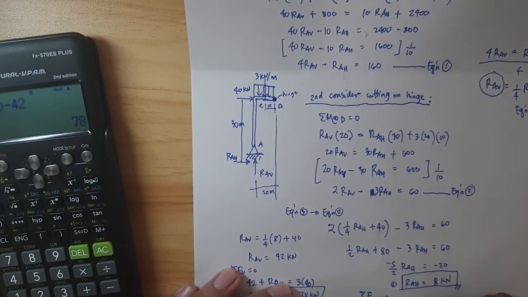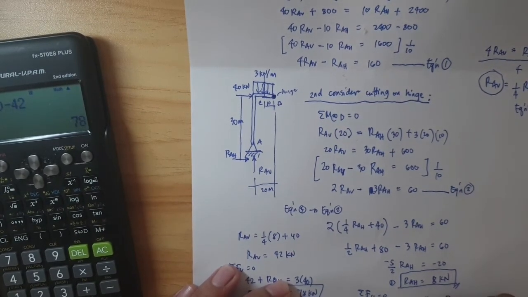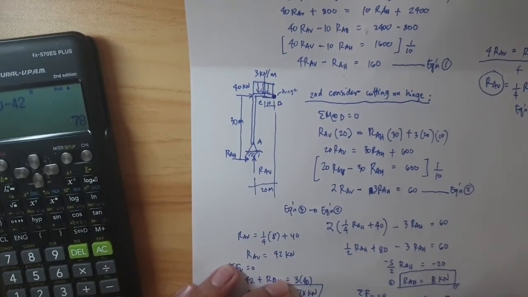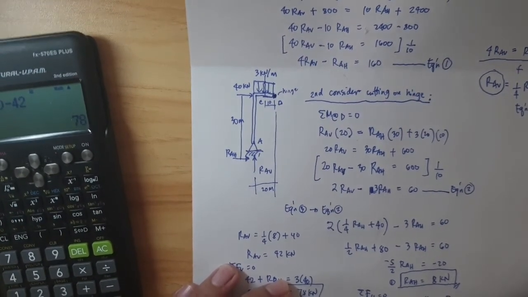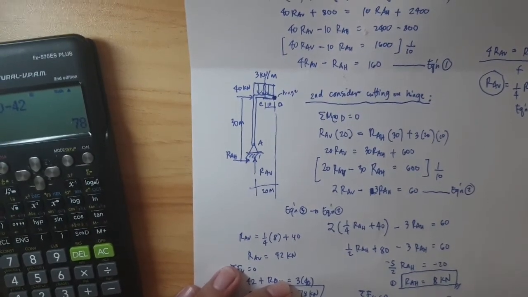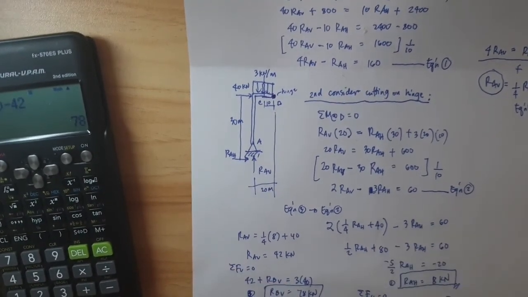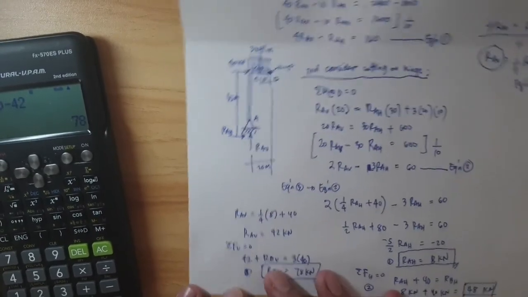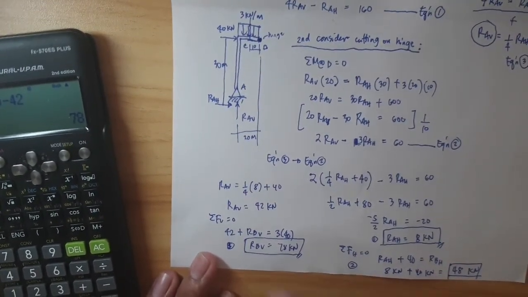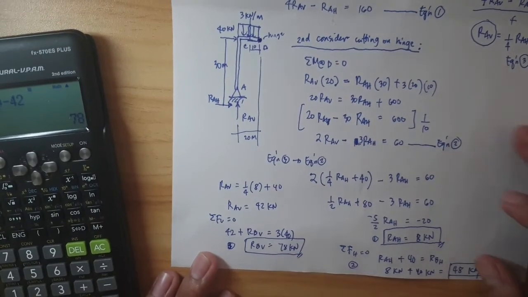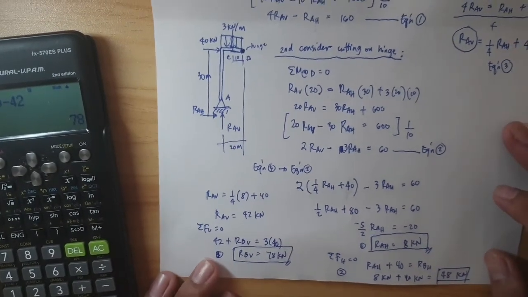RAH is nakuha na nato, 8 kilonewton plus 40 kilonewton equal to 48 kilonewton. Ato ni number 2. Kani ni number 2 and this one is sa number 3. Okay.